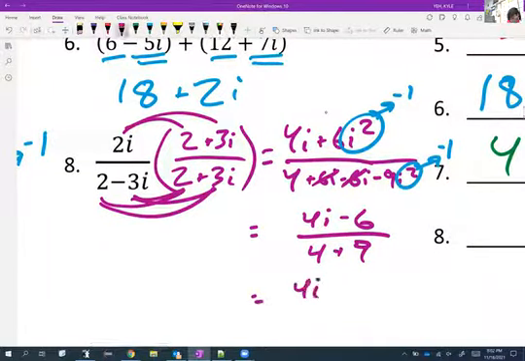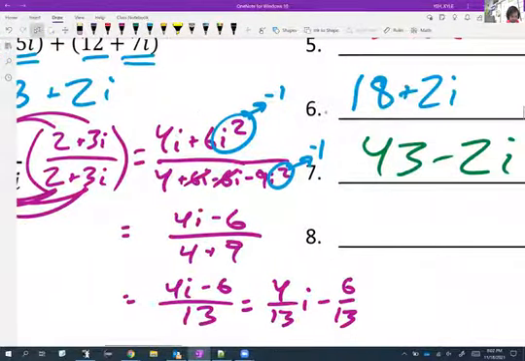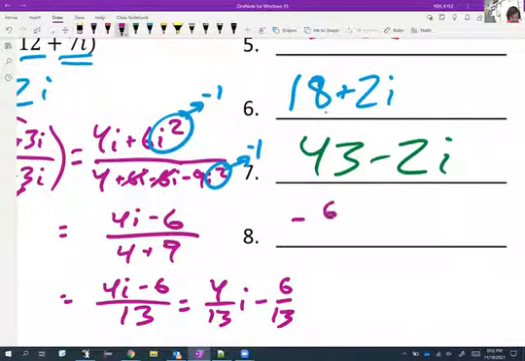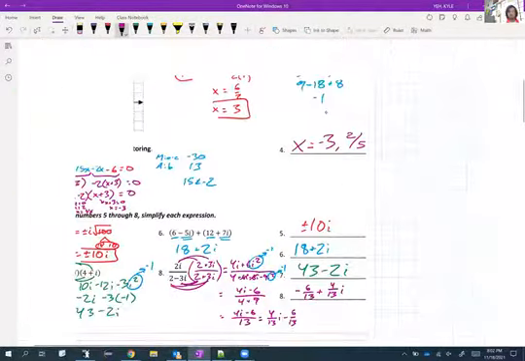So 4i minus 6 over 13, and then we'll break it up. 4 over 13 i's minus 6 over 13. And for my final answer, I'll just write it in that traditional complex number format with the real part first. I'll say negative 6/13 plus, it was a plus, 4/13 i.